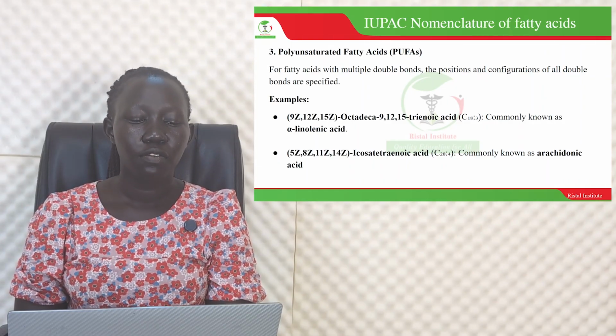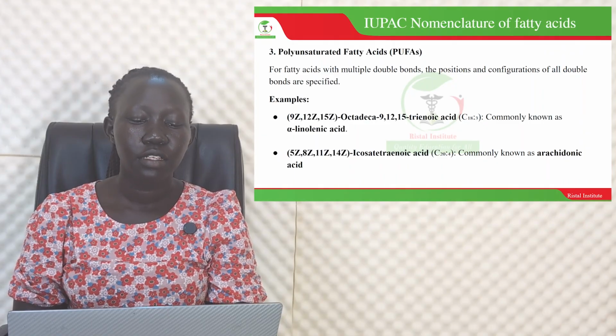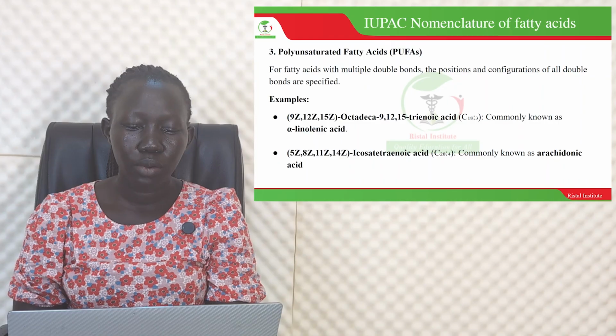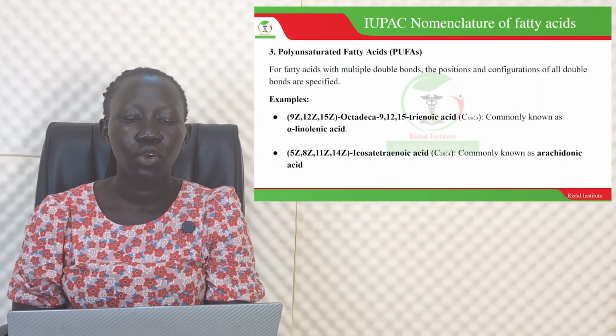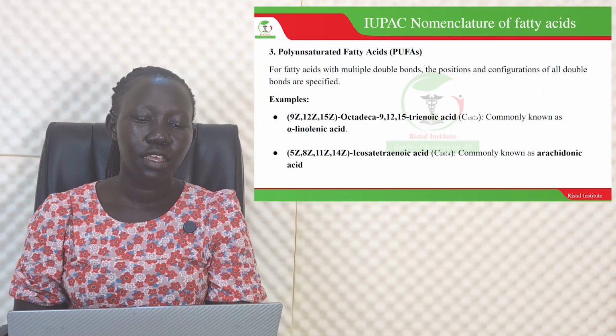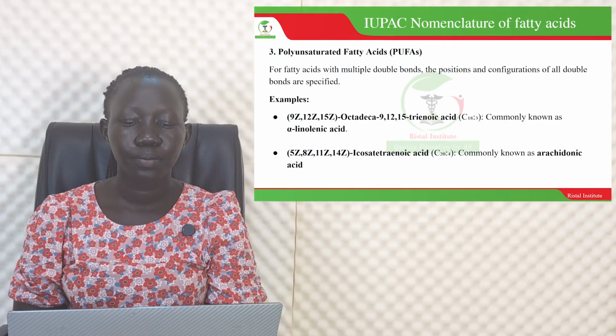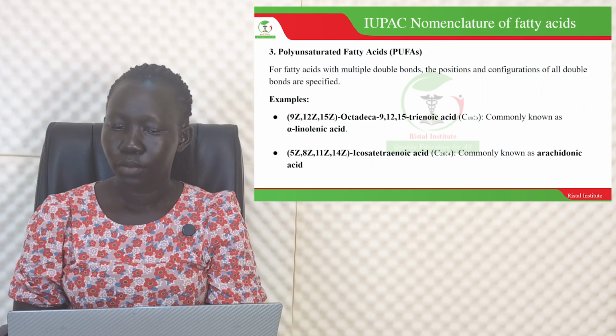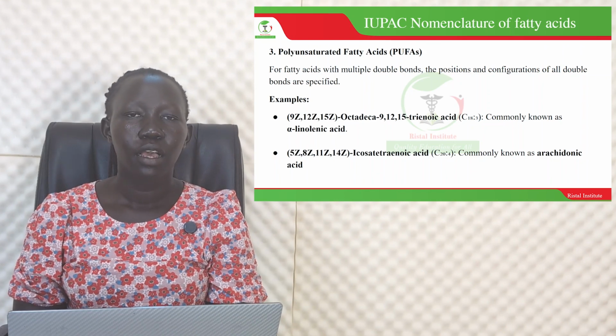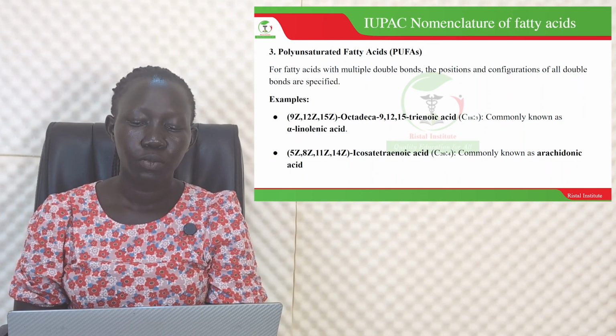We also have 5Z, 8Z, 11Z, and 14Z-eicosatetraenoic acid. This is a fatty acid that has 20 carbon atoms, and it has 4 double bonds.